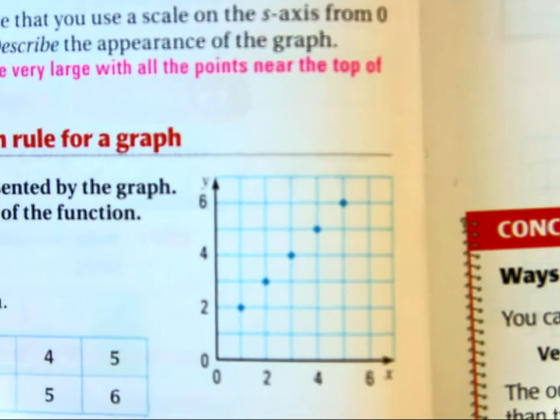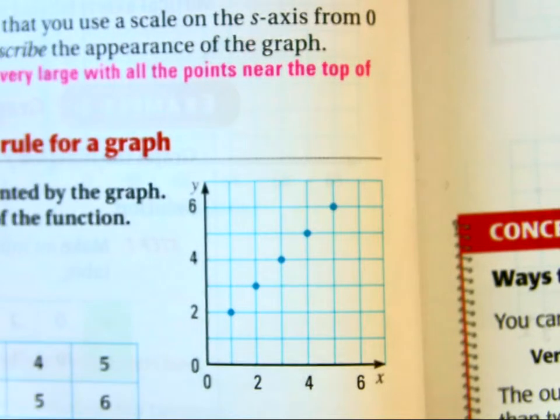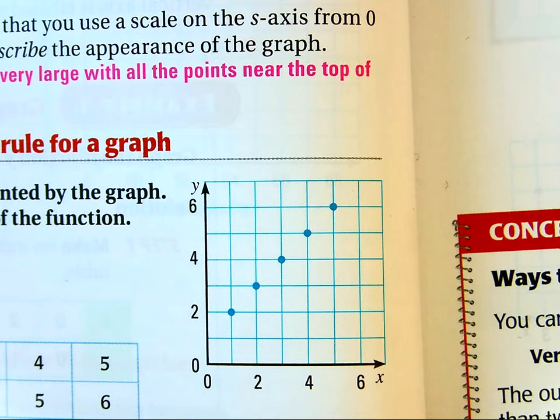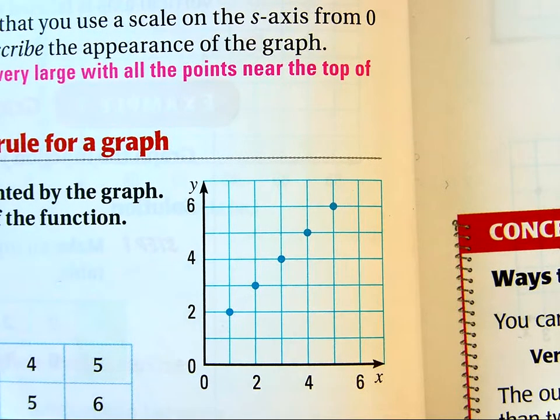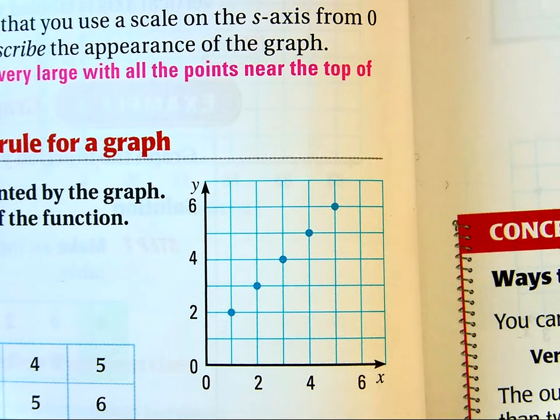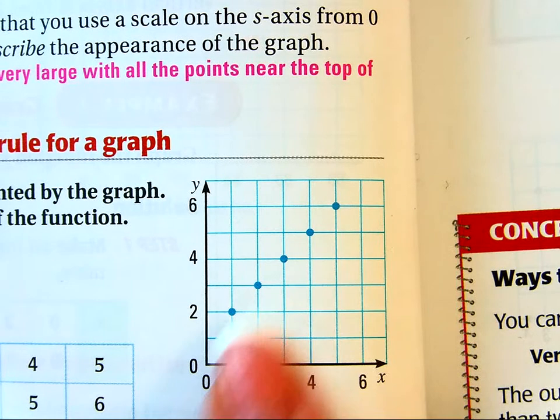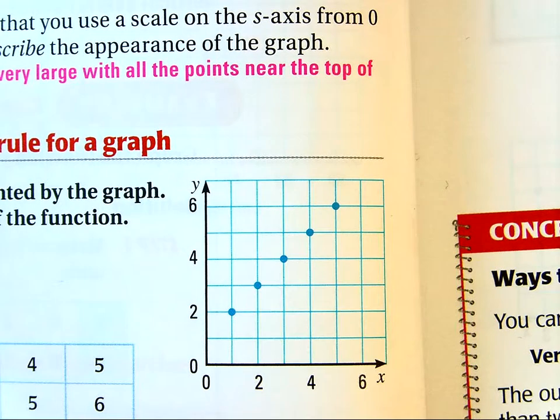So I'm now asking you to write a function for that. So given the graph, how could you write the equation for that? So basically we're going to work backwards. If I was given the function like I was in example 1, I would make a table and then plot the points on the table. But here I already have the points plotted, so instead of plotting them, let's pull the points out.